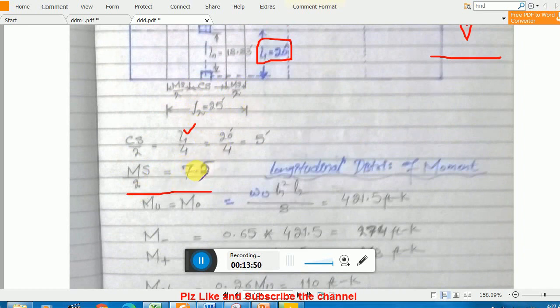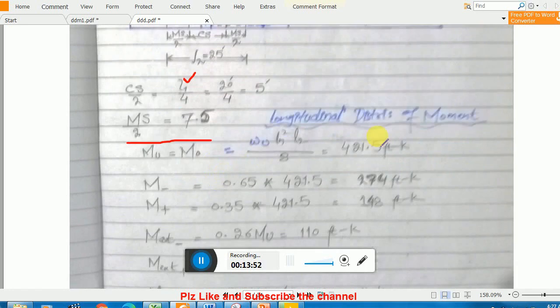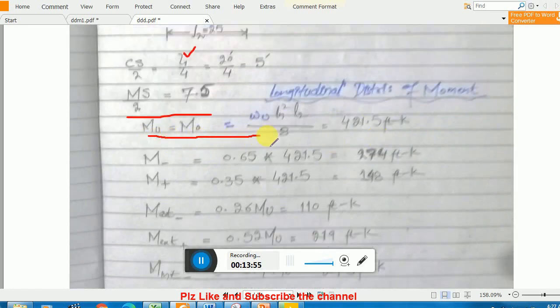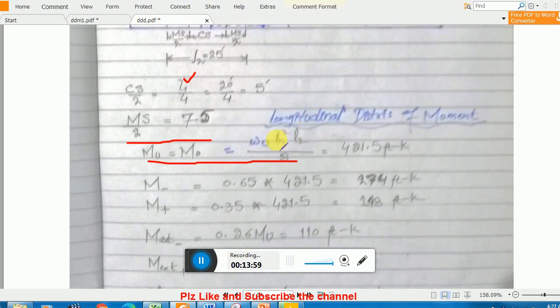Now again you need your M naught the same way, but here remember Ln will change, it will be 18 point something, because 20 minus 14 divided by 12, and L2 will be 25, so the moment will be larger, because now L2 is larger.